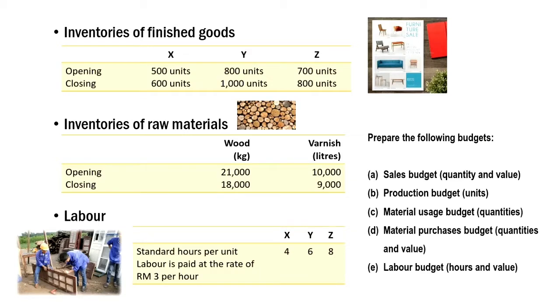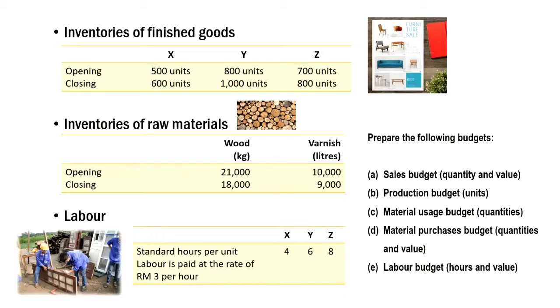So product X, 500 units, product Y, 800 units, product Z, 700 units. This means, for example, let's say we open the account on 1st January 2020. On 1st January 2020, in our warehouse, we already have product X, product Y, and product Z at 500 units, 800 units, and 700 units.